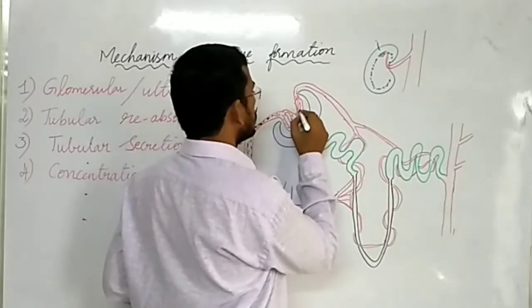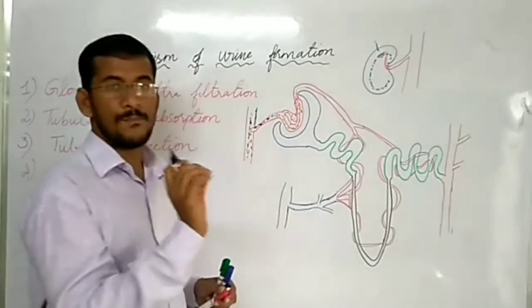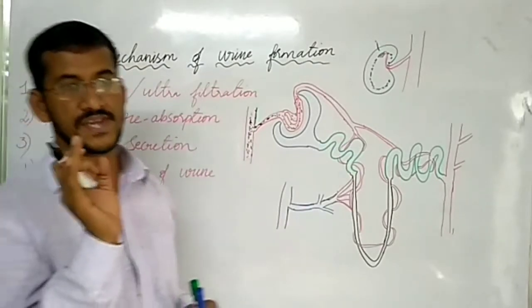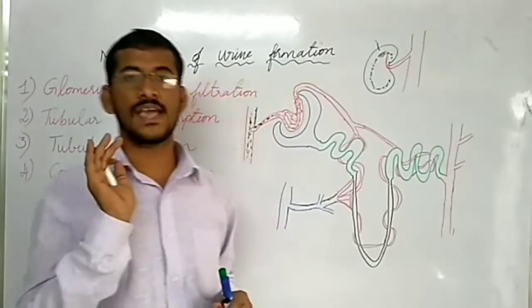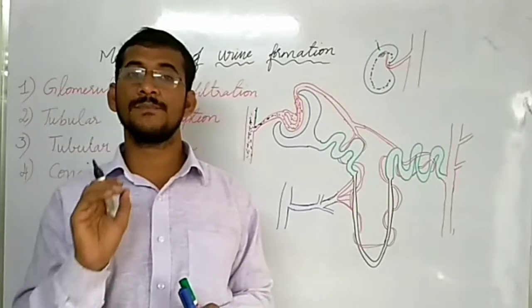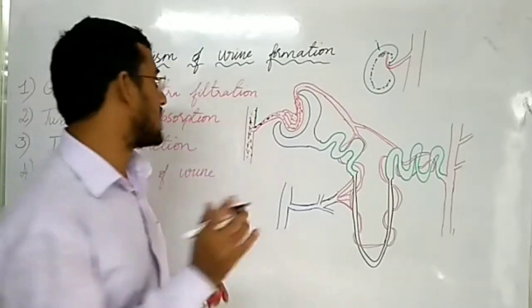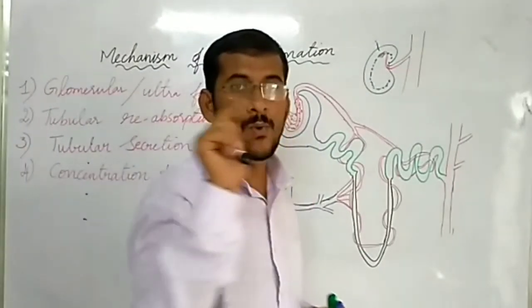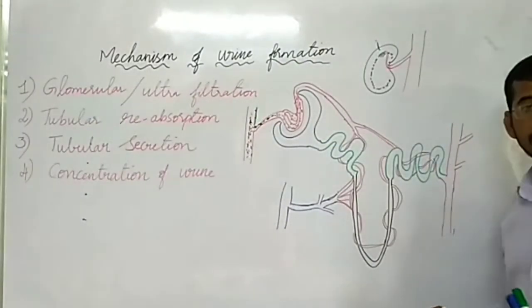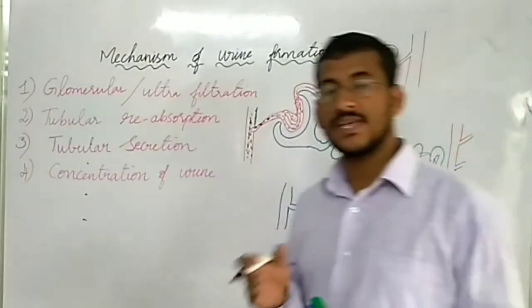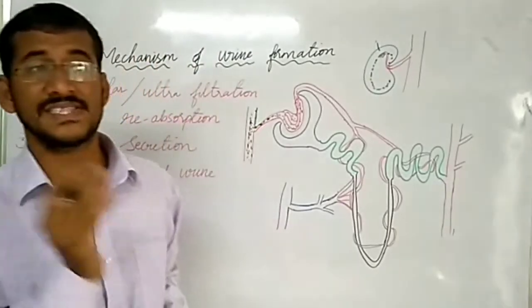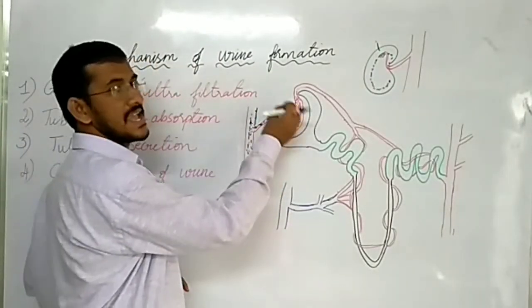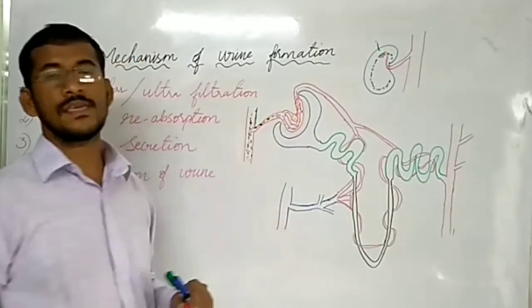In the previous video I have already told you blood vessels are of three types: arteries, veins and capillaries. Arteries and veins are made up of three layers, whereas capillaries are made up of only one layer. That's why diffusion or exchange of materials is very easy and common in the capillary region.